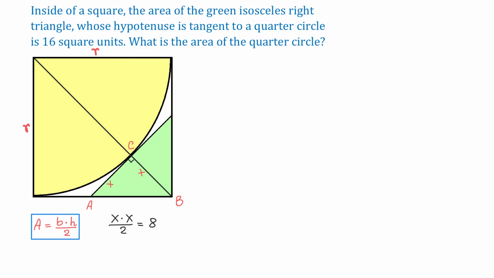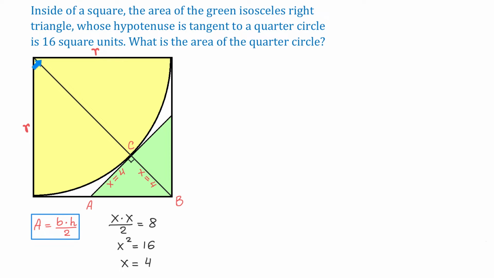Now we will solve this equation and we will find x. x times x is x squared, and if we multiply both sides by 2, then x squared equals 16. Then x equals 4. So we just found that each of these sides equals 4.